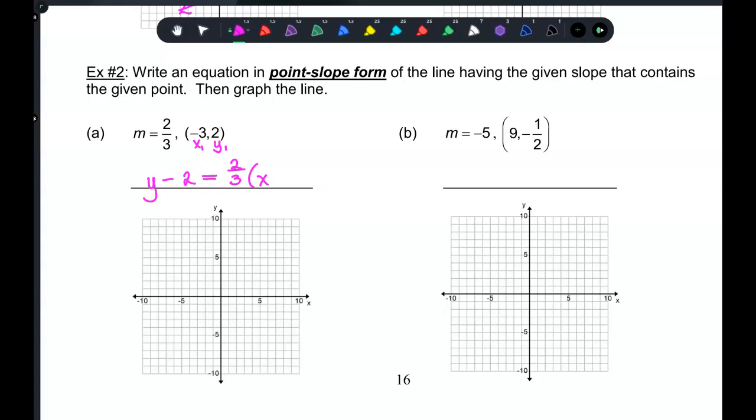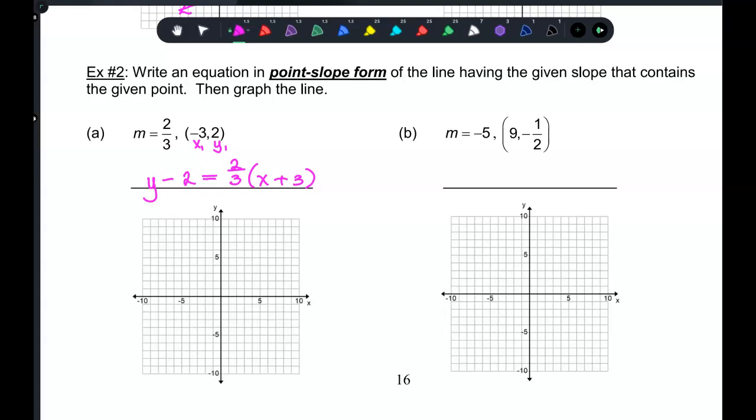So x minus negative 3 will be x plus 3. Basically, the signs get flipped. So if there's a positive 2, you end up with y minus 2.